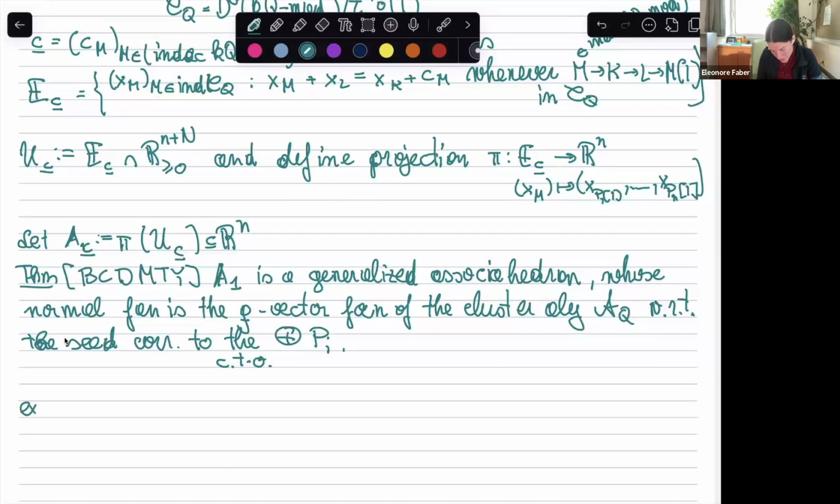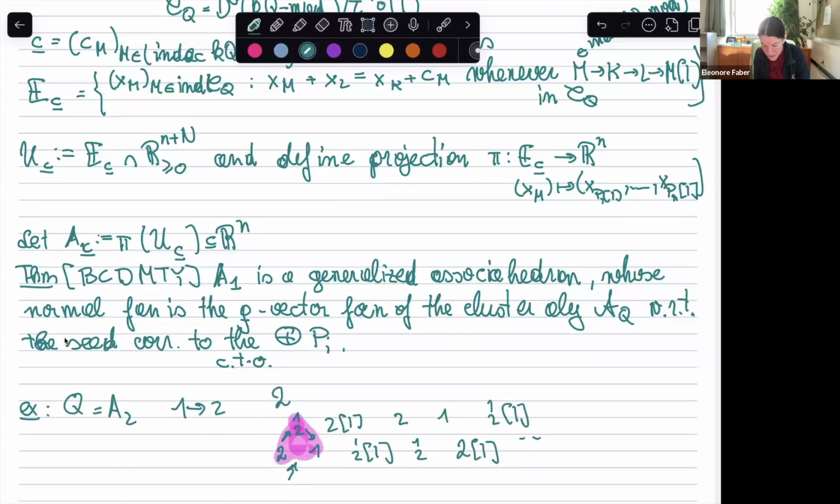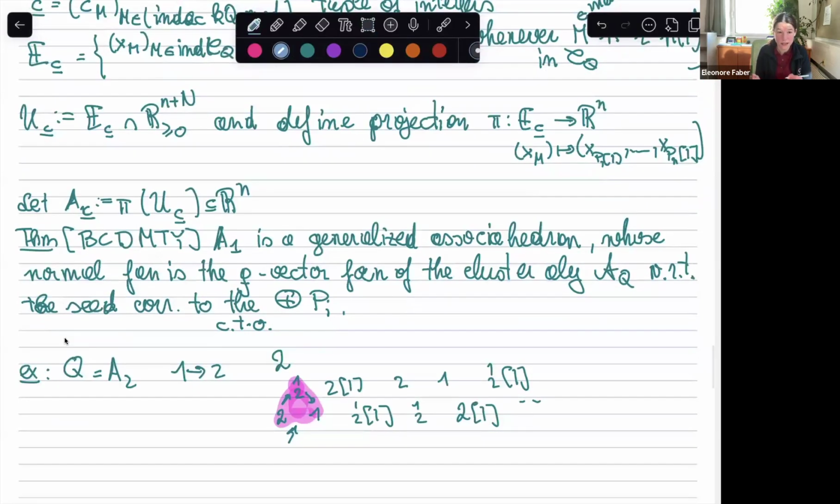And so for our example of A2, what do we get here? So for quiver A2, not sure if that still exists here. Yes, it does still exist here. So this is the quiver. And so the recipe says you have to associate to each of the entries in the module category an equation. So we name them A, B, C, D, E. So we have 5 objects in the cluster category.